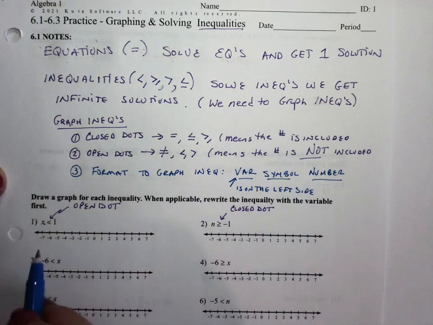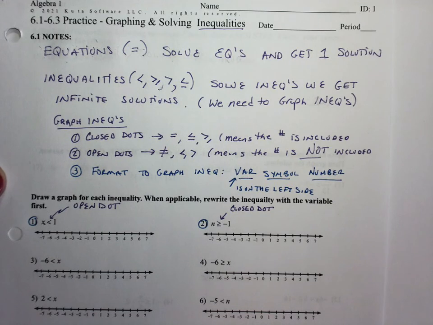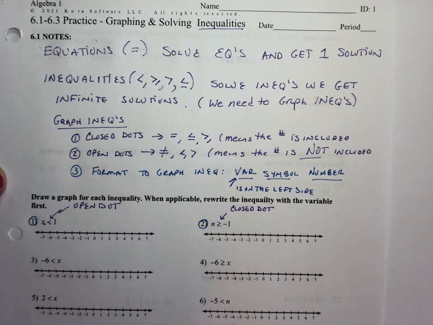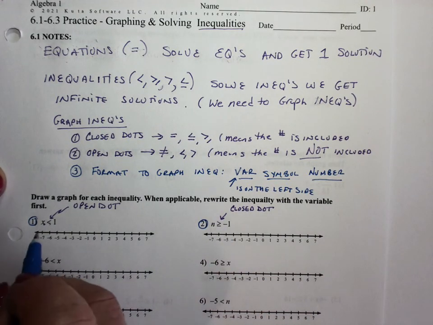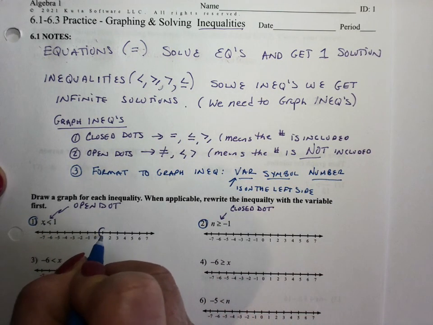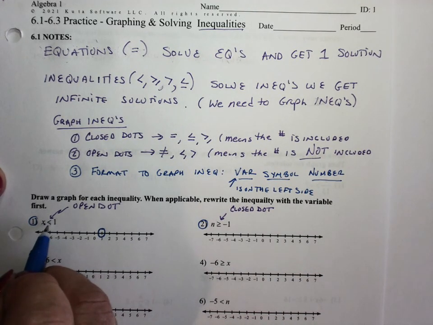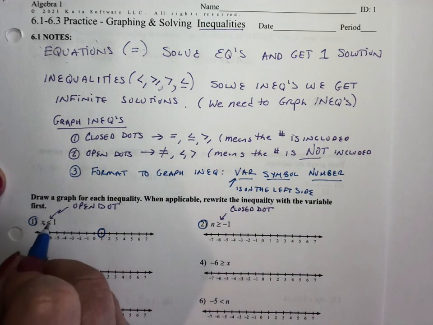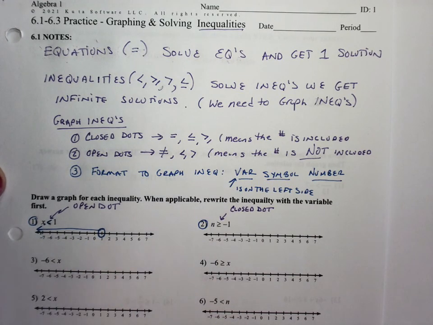So notice that numbers 1 and 2 follow the order, all right? And they have variable, symbol, number. So remember I told you that there's no equal sign, so where we're at 1, that is an open dot. And because we have the variable first, the symbol and the arrow go in the same direction.